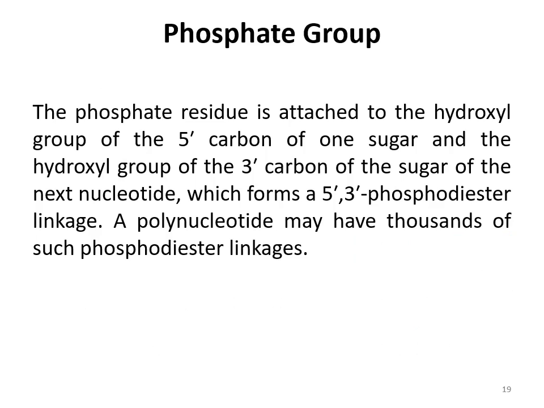The phosphate residue is attached to the hydroxyl group of the 5 prime carbon of one sugar and the hydroxyl group of the 3 prime carbon of the sugar of the next nucleotide, which forms a 5 prime 3 prime phosphodiester linkage. A polynucleotide may have thousands of such phosphodiester linkages. So it is attached to the 5 prime of one carbon and the 3 prime of the other carbon, and this linkage is called a 5 prime 3 prime phosphodiester linkage.